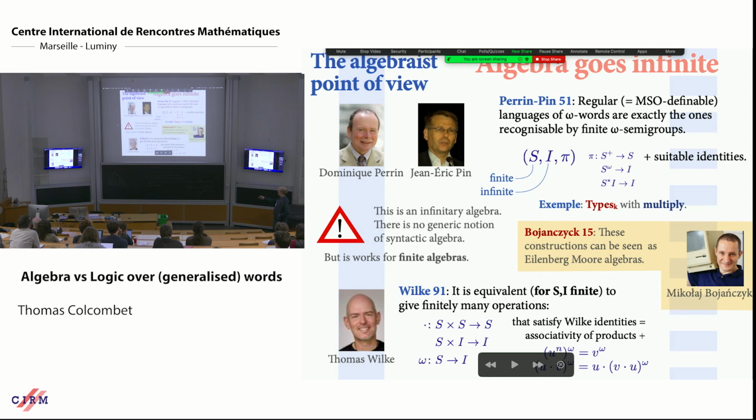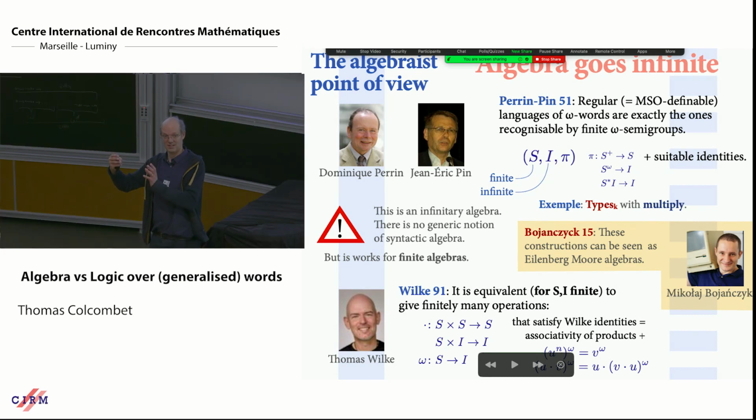And then you have some associativity rules that are obvious, but you have new identities that say if you repeat a word n times and the result omega times, this is the same as iterating it omega times. And another one that says if you alternate uv, uv, uv, you can either parenthesize it as uv to the omega or as u concatenated with vu to the omega.